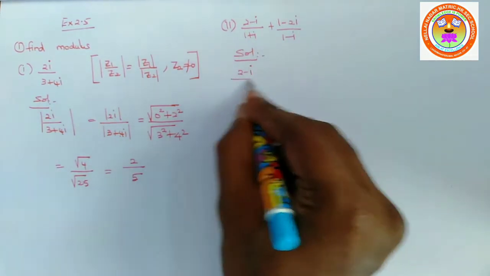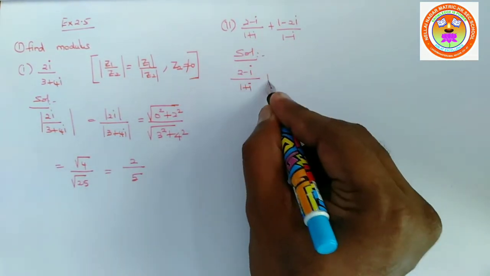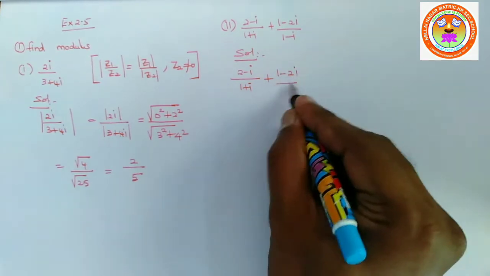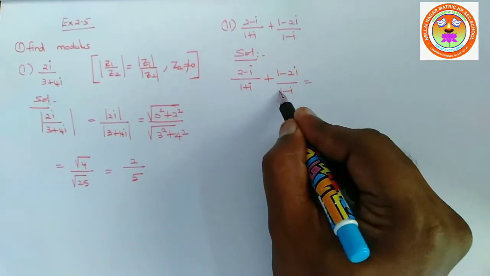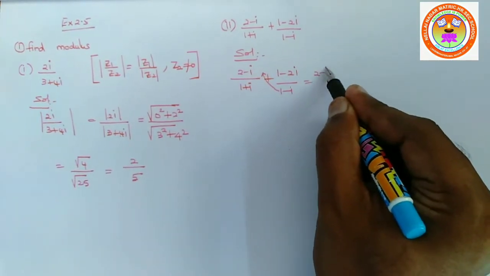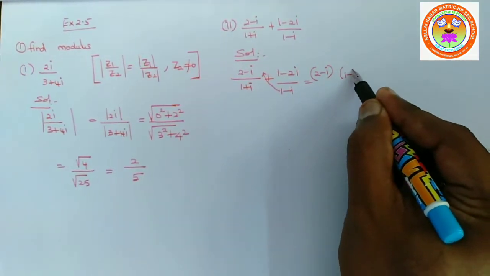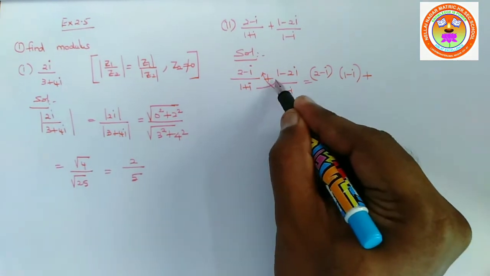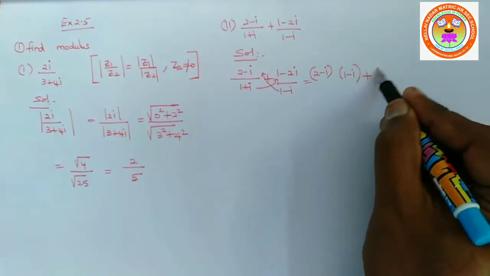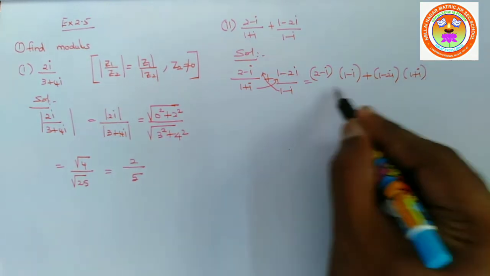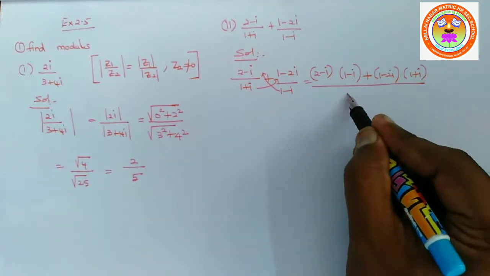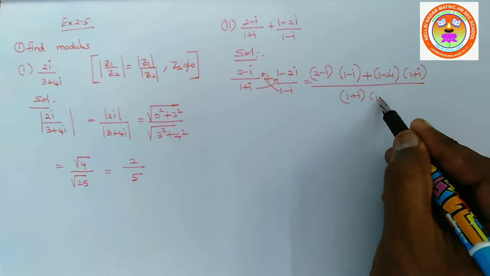2 minus i divided by 1 plus i plus 1 minus 2i divided by 1 minus i. Now we make a cross multiplication: 2 minus i into 1 minus i, plus 1 minus 2i into 1 plus i, whole divided by 1 plus i and 1 minus i.